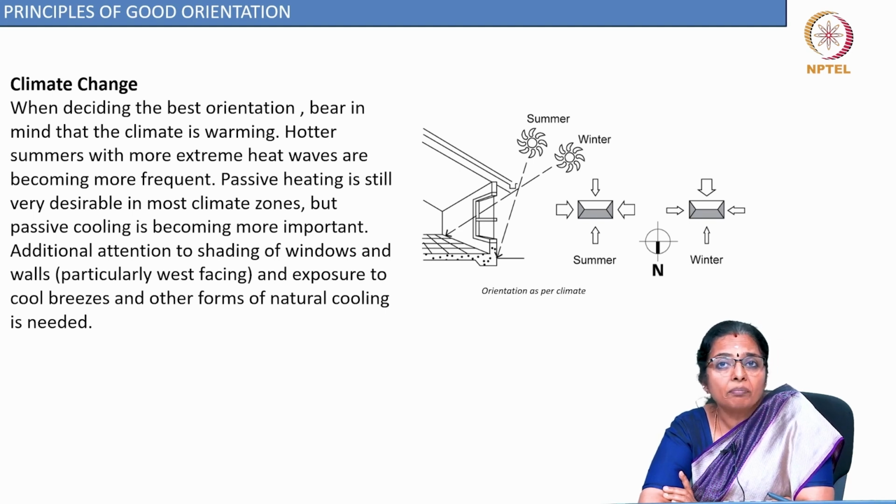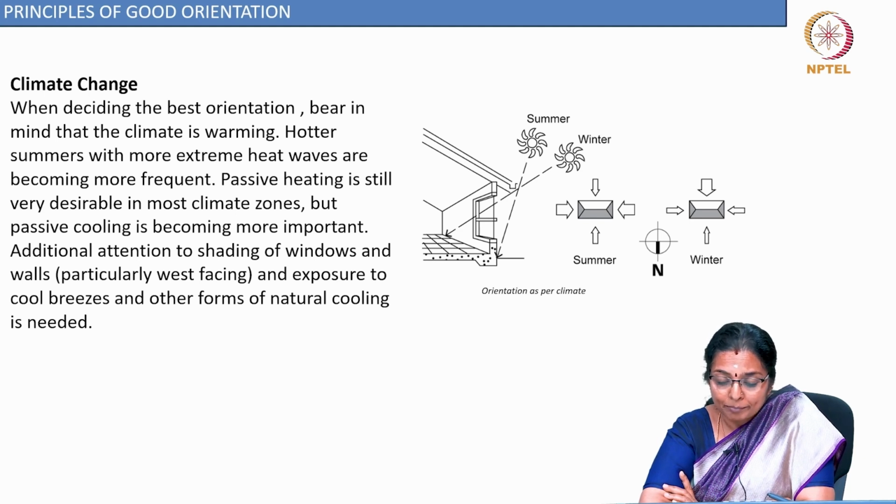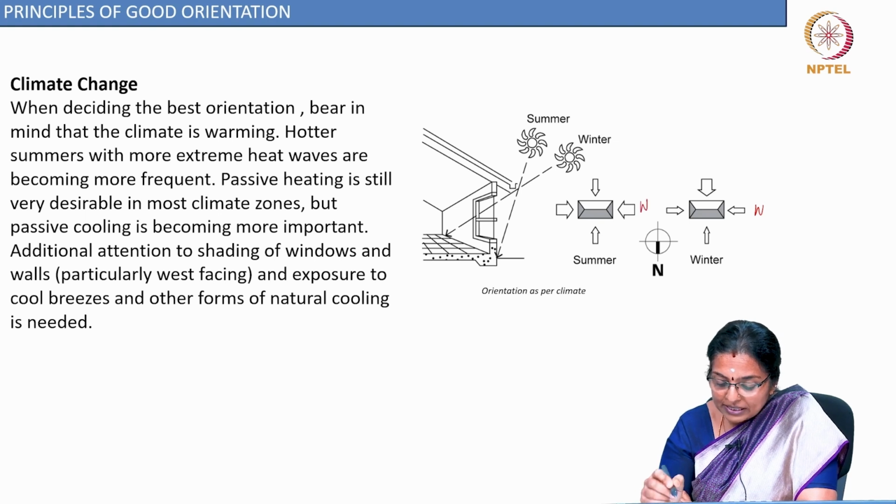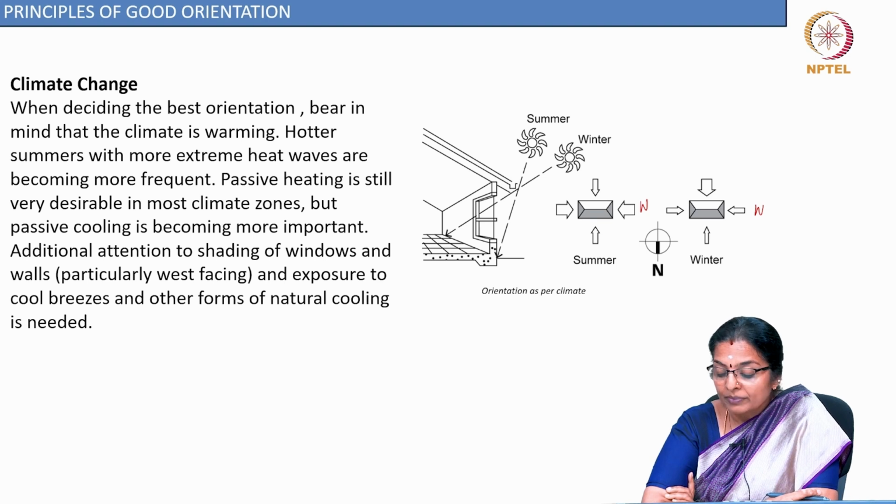So, your building design and how you treat north facing walls will determine how much solar access your home receives. So, if you look at this picture, the north is down. So this is the west. So, in principle, if you look at orientation as per climate, the west facade is shorter than the north and the south.